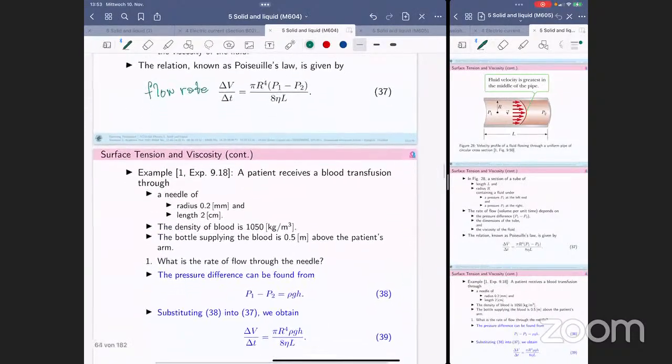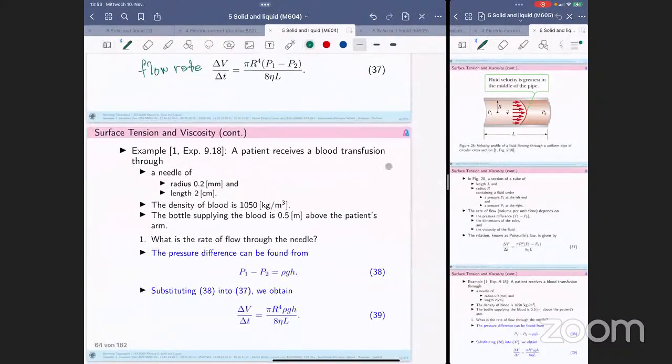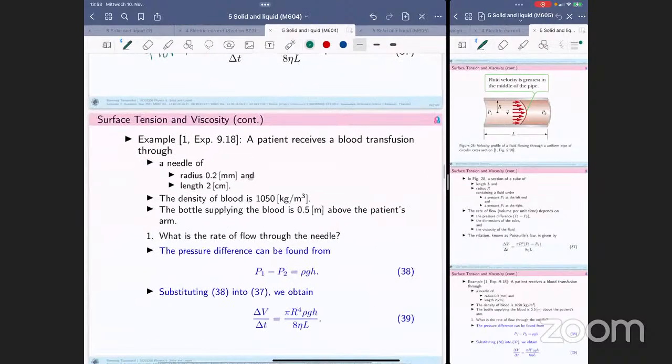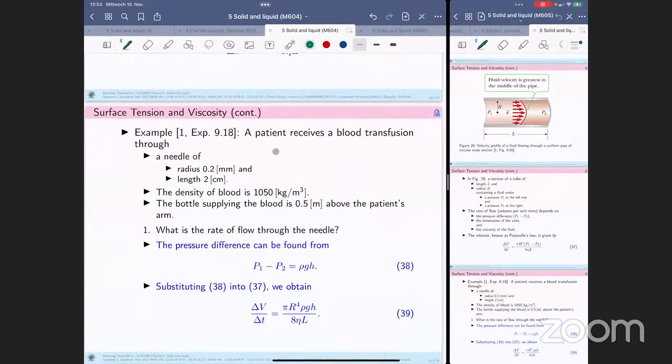A person receives a blood transfusion through a needle. This person needs a new amount of blood. The needle has a radius of 0.2 millimeter, which is very, very tiny, right? And the length of the needle, the plate connected to the needle, is 2 centimeters.